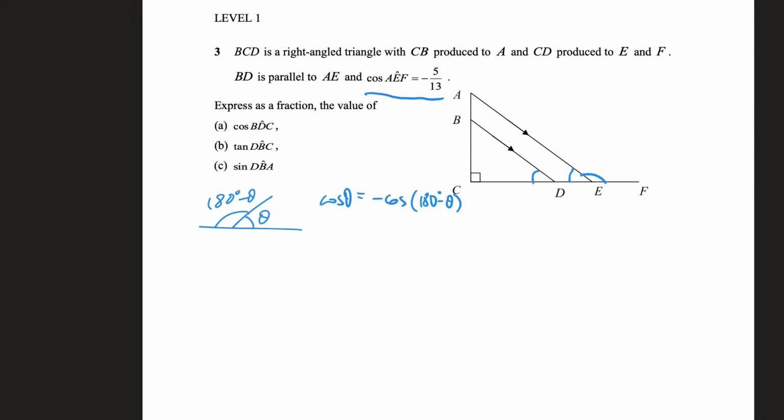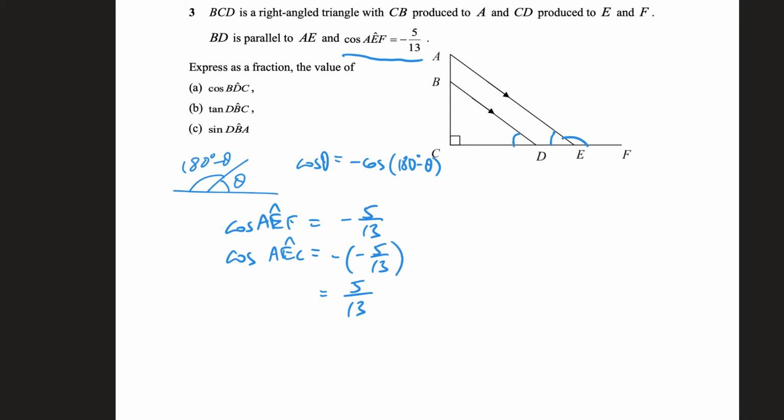So if cosine of AEF is negative 5 over 13, then cosine of the angle 180 minus that angle, which is simply AEC, would be the negative of this, so it's negative of negative 5 over 13, so that's positive 5 over 13. Okay, so we found that.